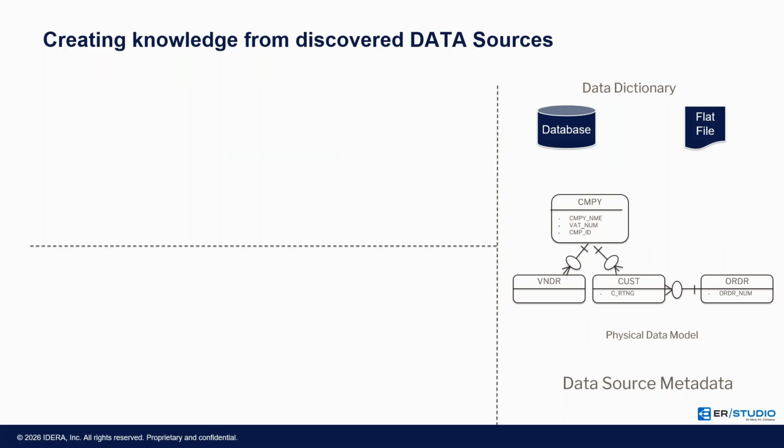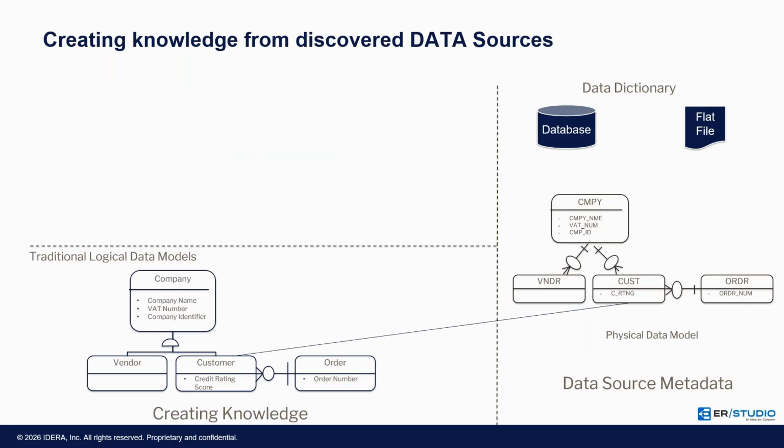And typically that gets represented in the form of a physical data model, which will probably reflect the structure of the data asset itself quite directly. So we'll have tables, we'll have columns or their equivalents in hierarchical or NoSQL databases, and we'll be able to work with those in terms of the physical data model.